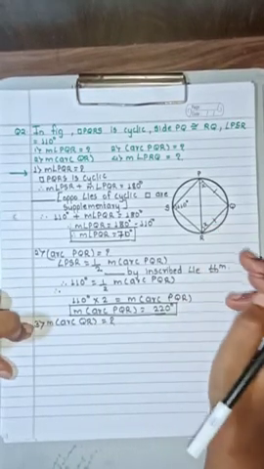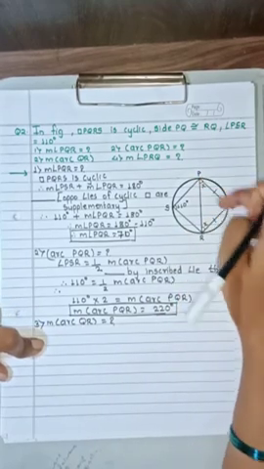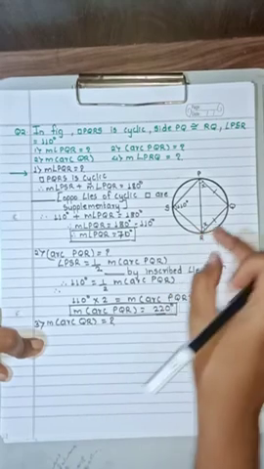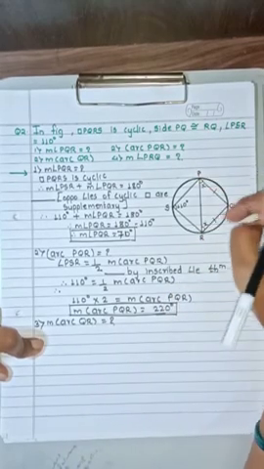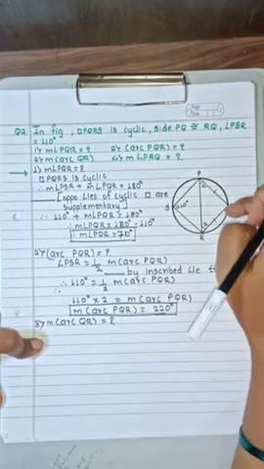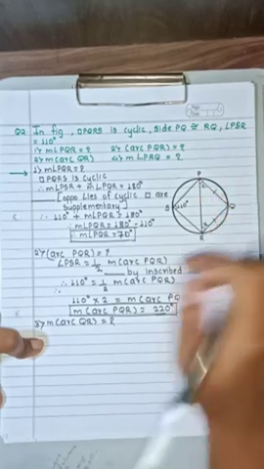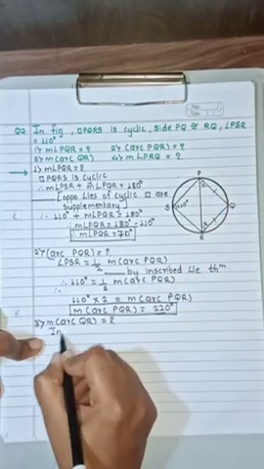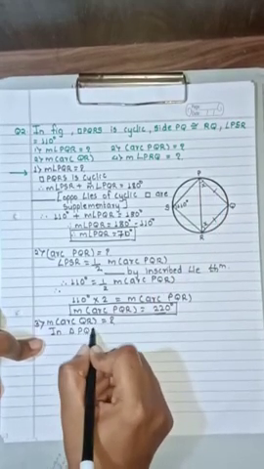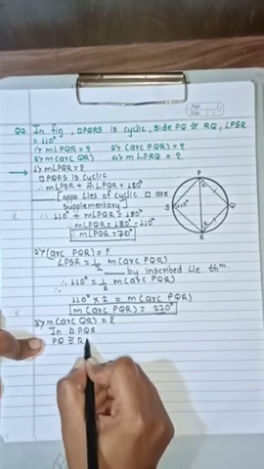Now let us consider triangle PQR. Okay, in PQR they have given side PQ is congruent to side QR. As two sides are equal, therefore triangle PQR is an isosceles triangle. So now what we'll do, angle QPR and angle PRQ we will consider as X. So let us write down, in triangle PQR, PQ is congruent to RQ.